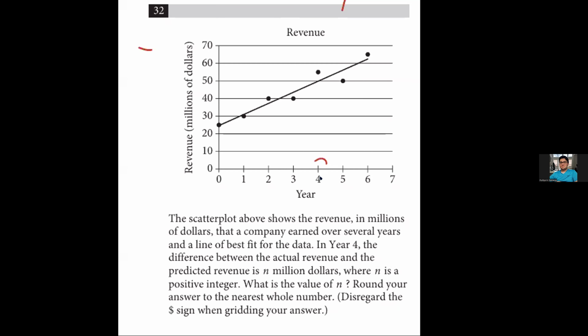Let's look here. The difference between the actual and predicted value. What is the value of n? Basically, what it's asking is what is the difference between this line at 50 and this dot, somewhere between 50 and 60. I don't really like these kinds of questions because you just have to look at the graph and estimate. If you had a piece of paper, you could put a flat surface against this to see the exact value. But in this case, it looks like it's approximately 5. So the correct answer is 5.